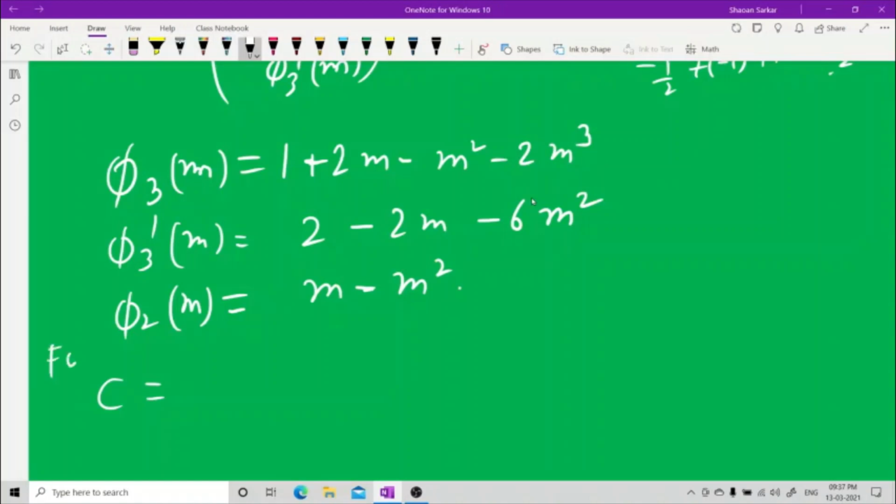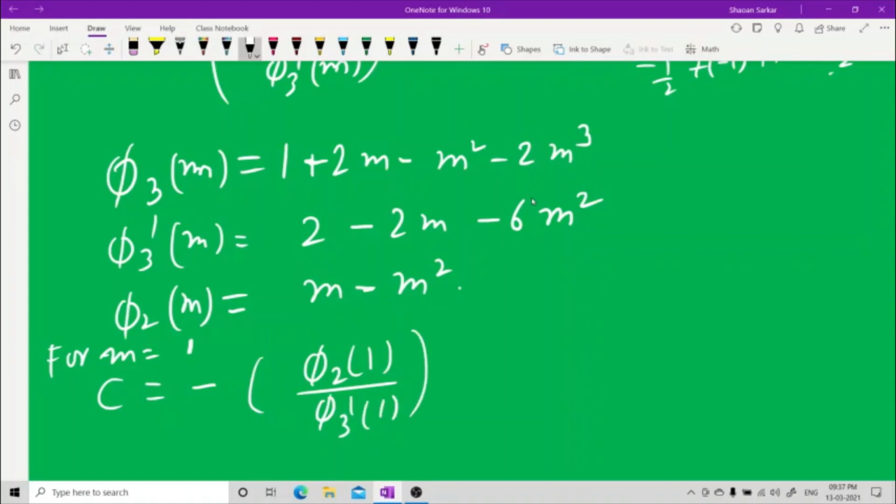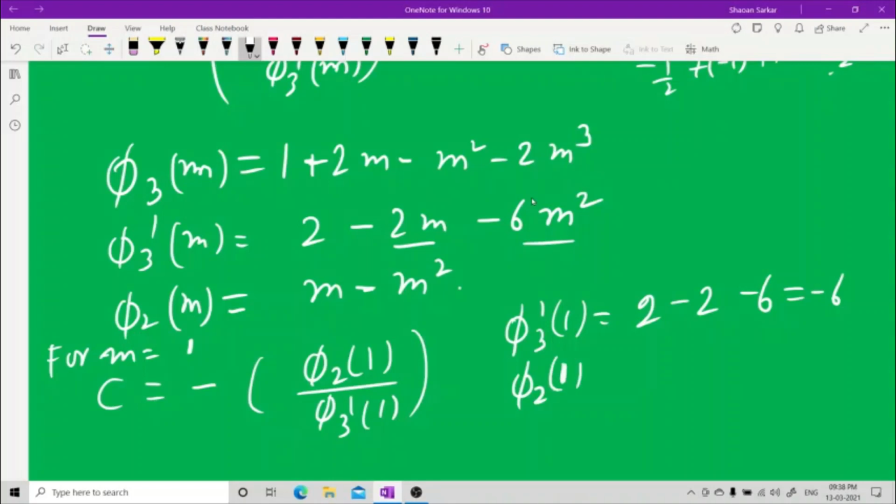Now C is, for m equal to 1, C is minus phi 2 of 1 upon phi 3 dash of 1. Let us find phi 3 dash 1. Put 1 here: 2 minus 2 minus 6 is nothing but minus 6. And phi 2 of 1, put 1 minus 1, 0.